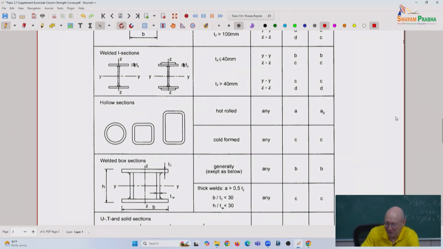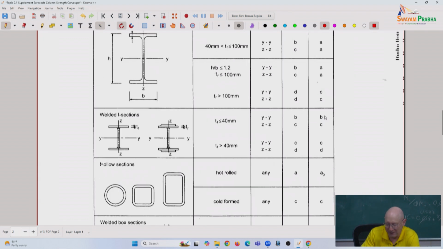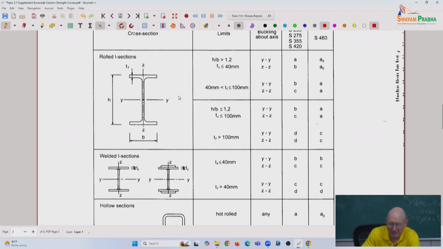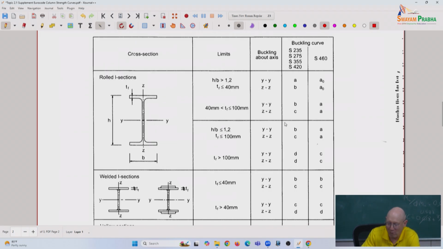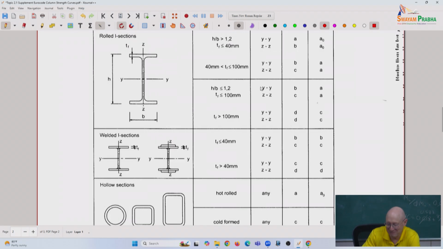You clearly see here that hot rolled hollow sections get a nice beneficial curve. Very lightweight rolled sections that are more beam type sections, failing about the strong axis in bending, for high strength steel get a very beneficial curve, right?